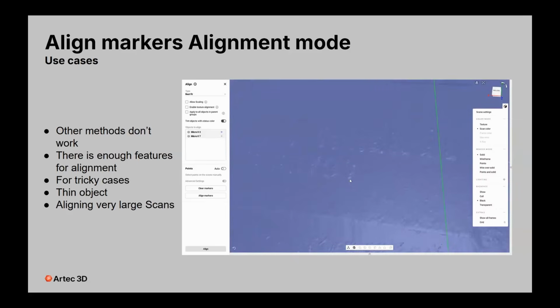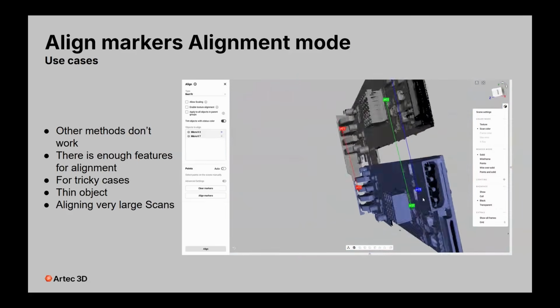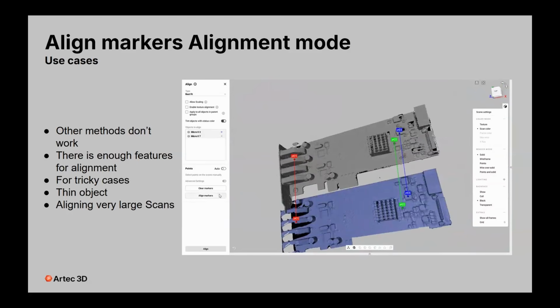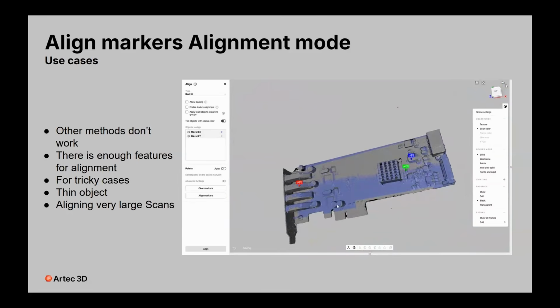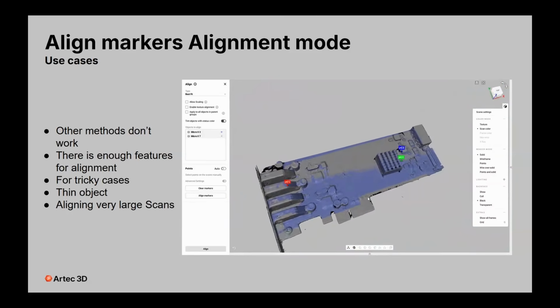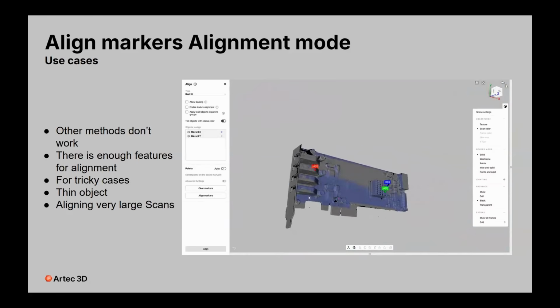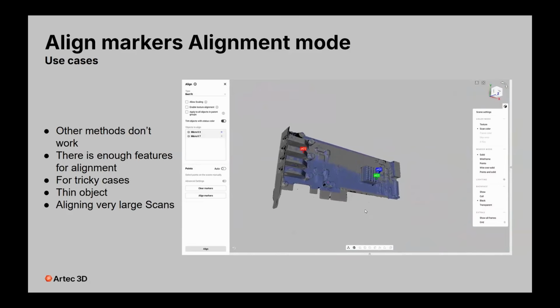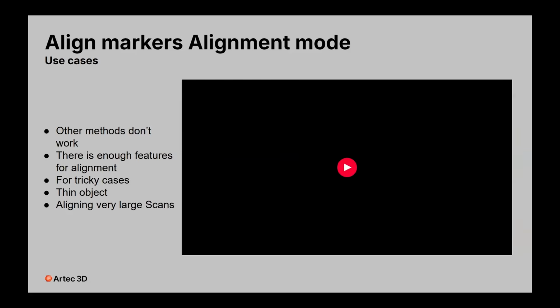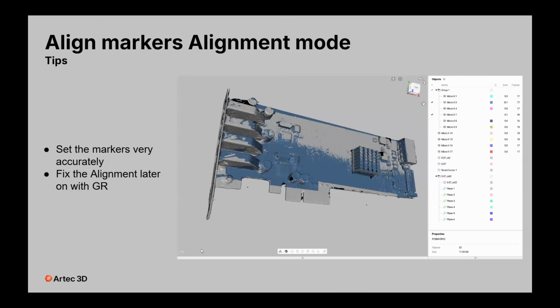And let's say the regular alignment didn't work. In this case, this mode can be useful to make a rough alignment which will be extra fast. Since the software relies entirely on the points that we set, the alignment is really, really quick.